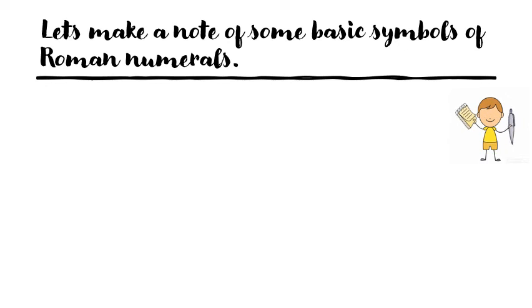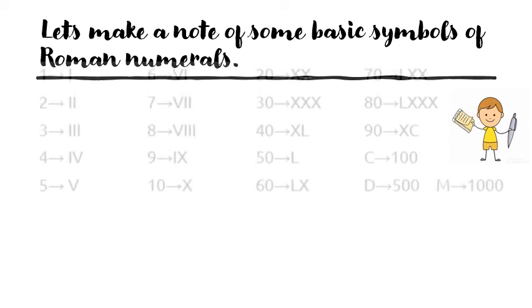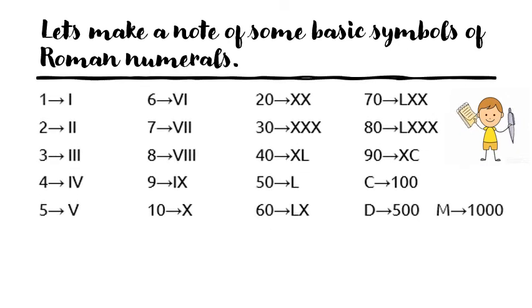Let's make a note of some basic symbols of Roman numerals. Here comes your chart. 1 is represented by I, 2 is represented by II, 3 is represented by III, 4 is represented by IV. Because we cannot write I 4 times, so we have to subtract 1 from 5.